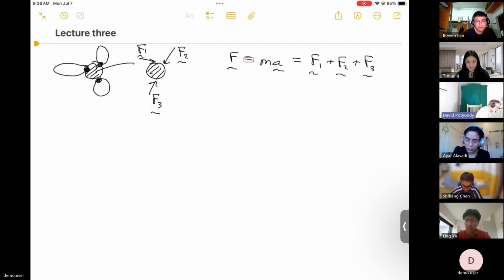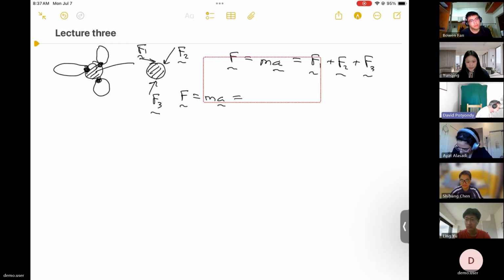Let's go over here again. F equals MA, and we can now write that as a differential equation, because acceleration is the change in velocity over change in time.